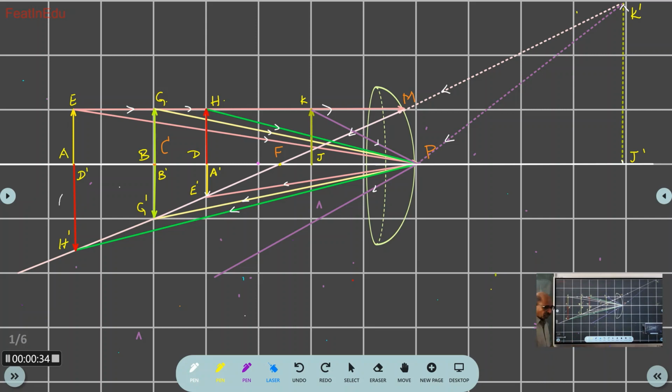Now you see that I have placed an object, an extended object AE. I suppose you can all see this.